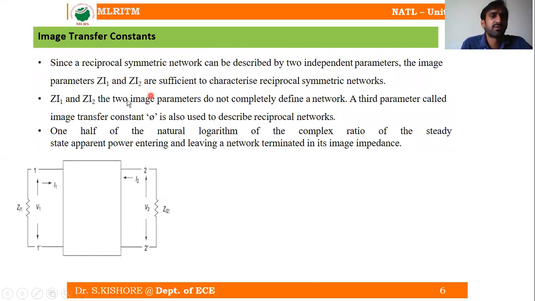So these two are enough to characterize the symmetrical networks, right?